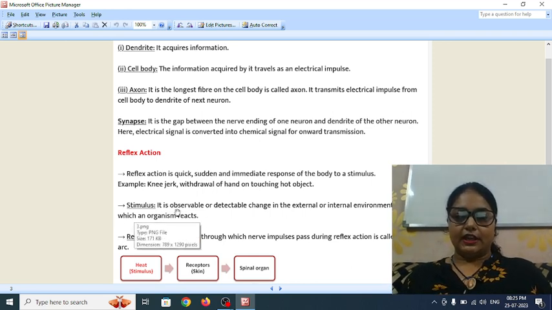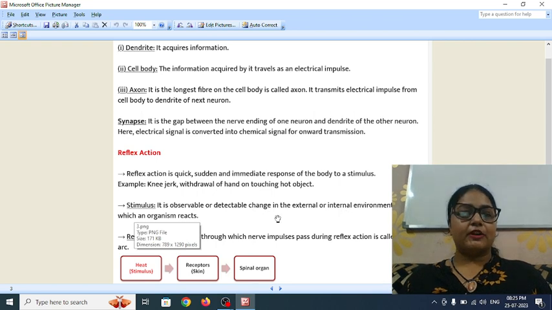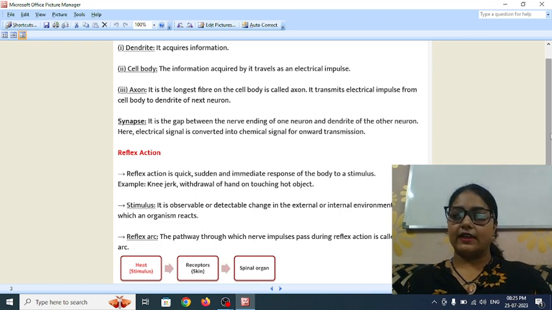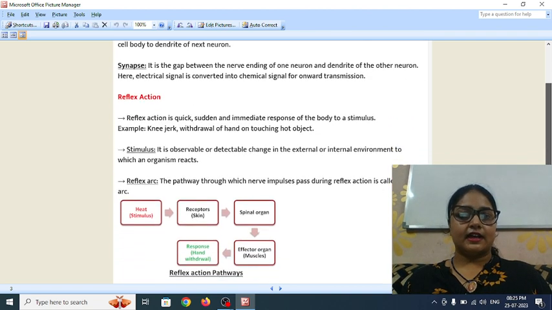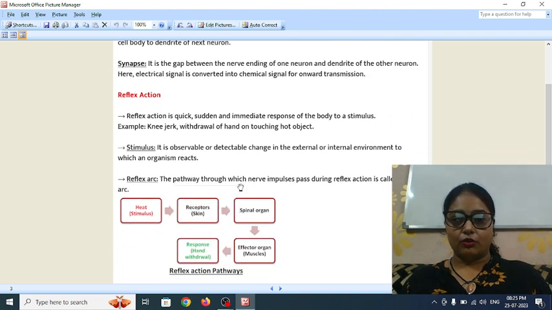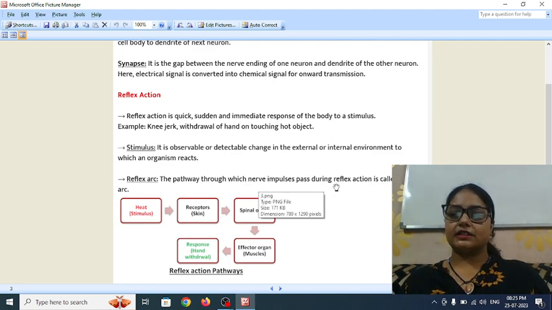Now stimulus is an observable and detectable change in the external environment. It means our body is analyzing that something is wrong or hurting our leg. Now the path through which the nervous impulses pass during a reflex action is called the reflex arc.